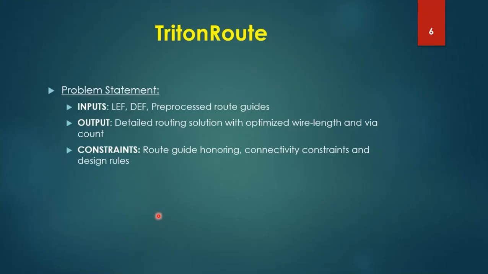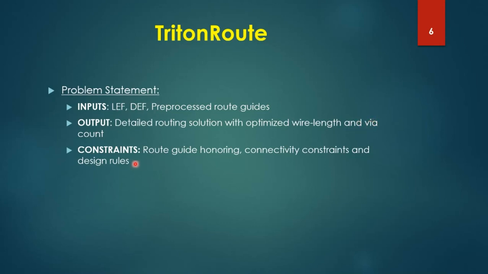For TritonRoute, when the detailed route is happening, these are the inputs. It needs the LEF file, it needs the DEF file, and it needs the pre-processed route guides as the input. As the output, this is what you get: a detailed routing solution with optimized wire length and via count.